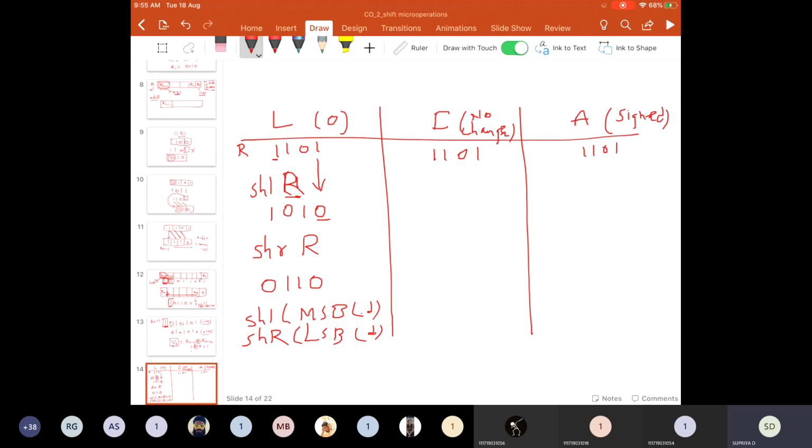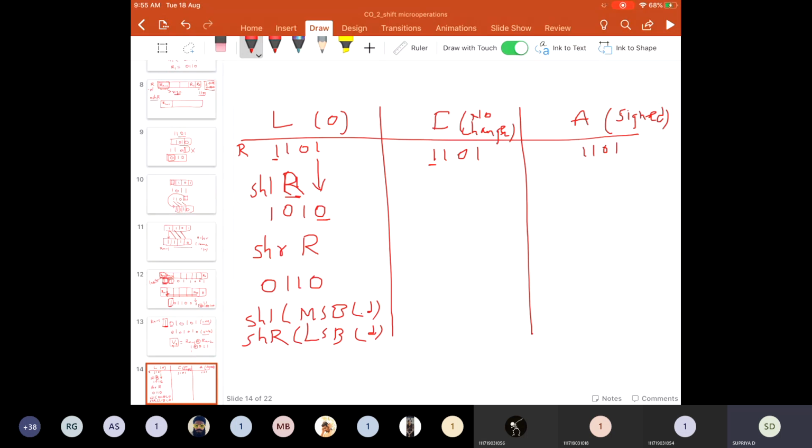If it is a circular shift left or circular shift right, instead of adding a 0 in the most significant bit or the least significant bit, we replace it with the bit we are discarding in the logical shift.